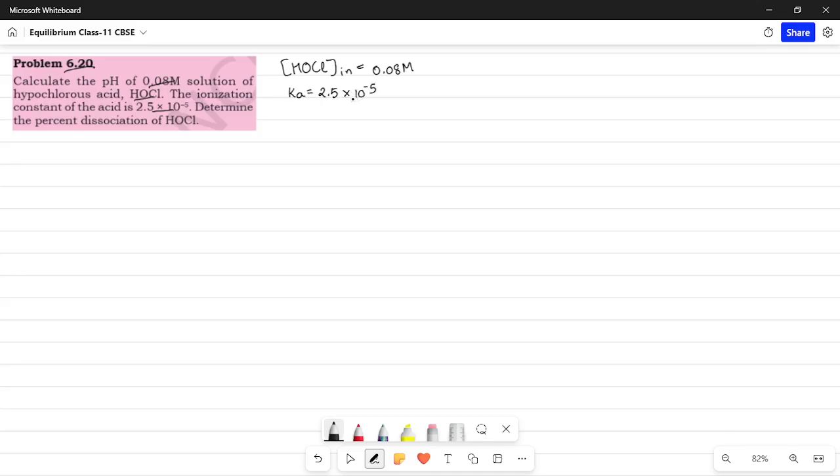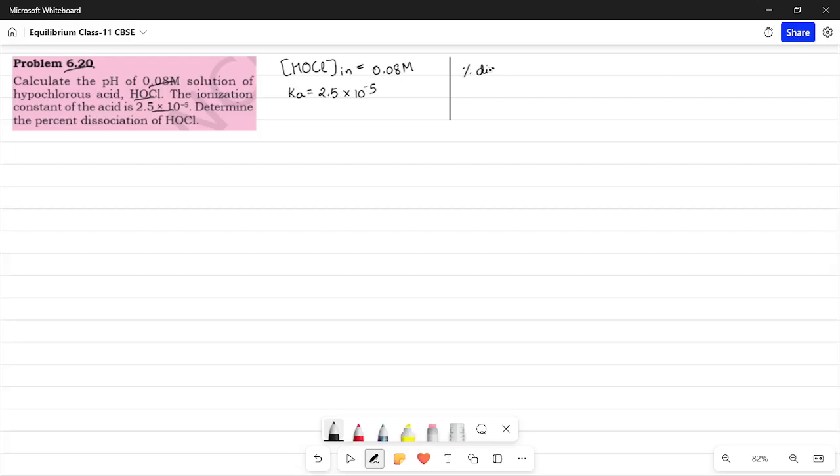Now we need to figure out the percentage dissociation of HOCl, and we also need to figure out the pH. These are the two things we have to figure out for this particular question.